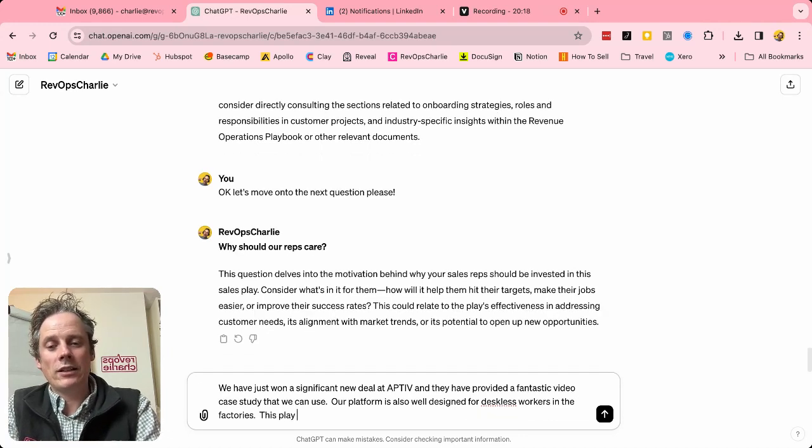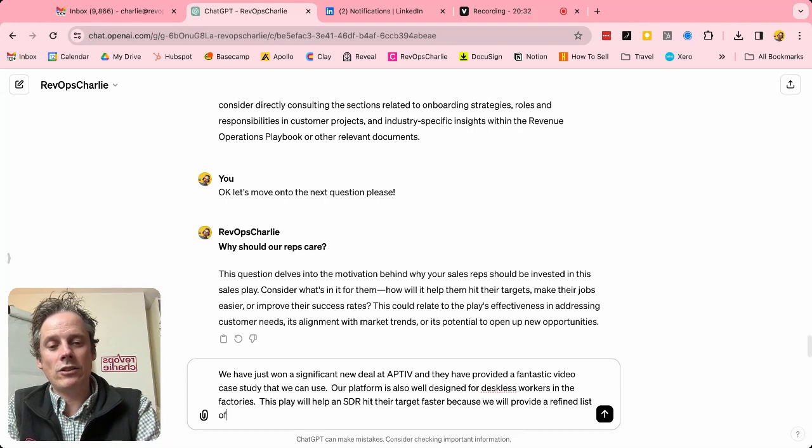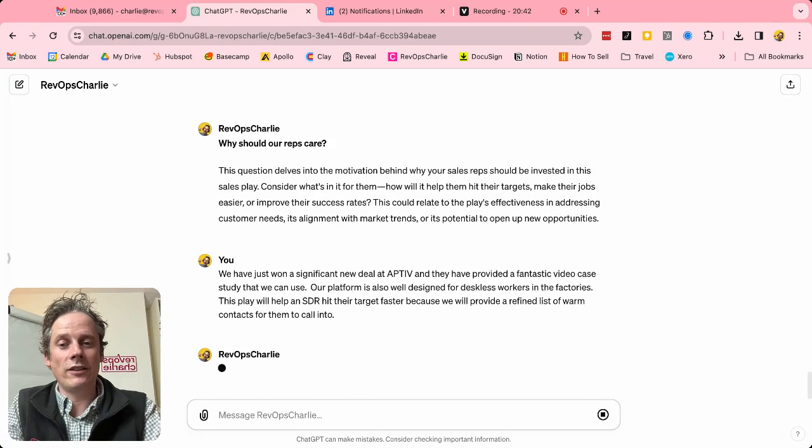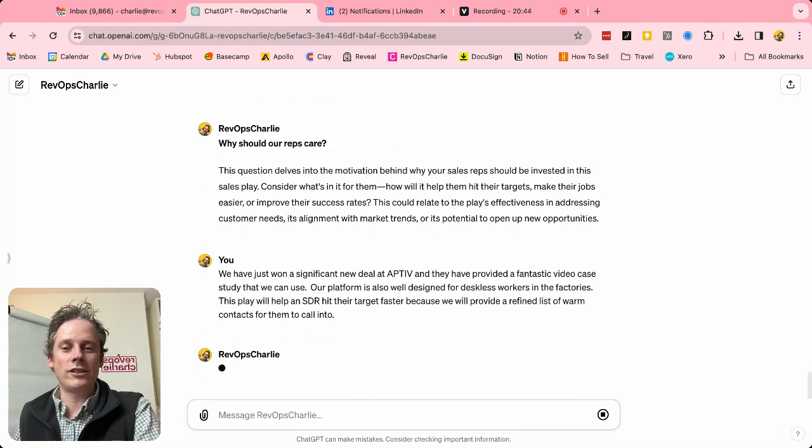This play will help an SDR hit their target faster because we will provide a refined list of warm contacts for them to call into. So you're going to hit your target faster than if you don't use this play.